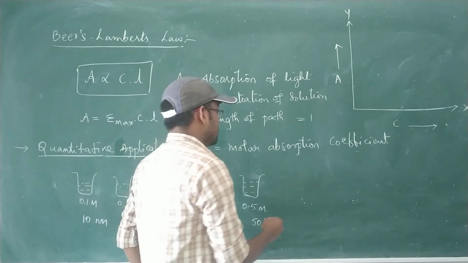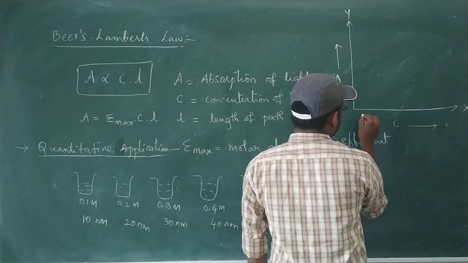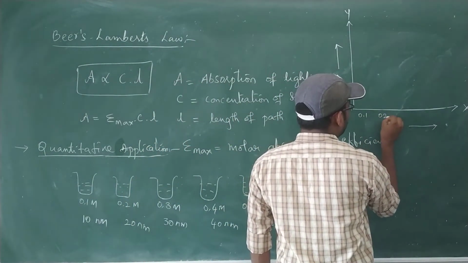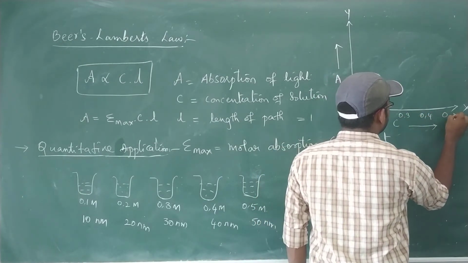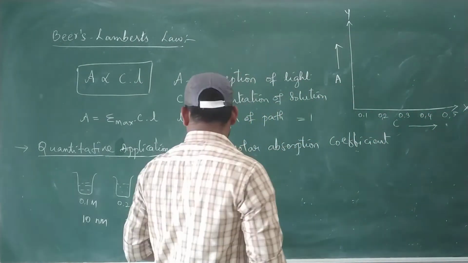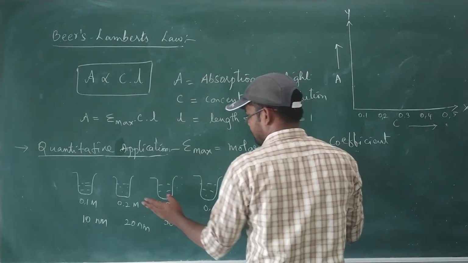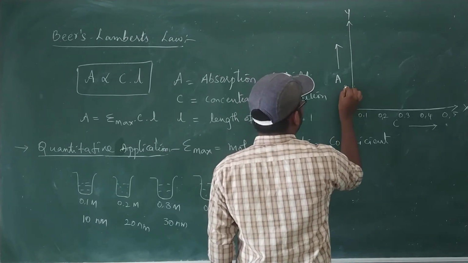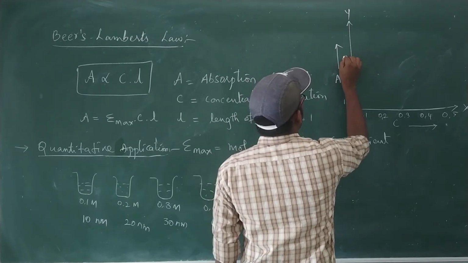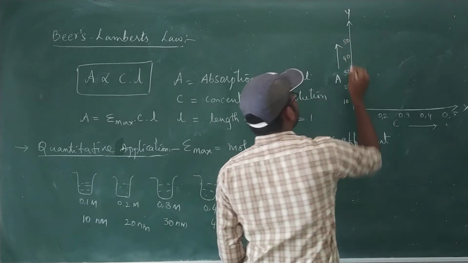So concentrations are 0.1, 0.2, 0.3, 0.4 and 0.5, and absorption of light is 10 into 10 to the power of 4, 20, 30, 40 and 50.